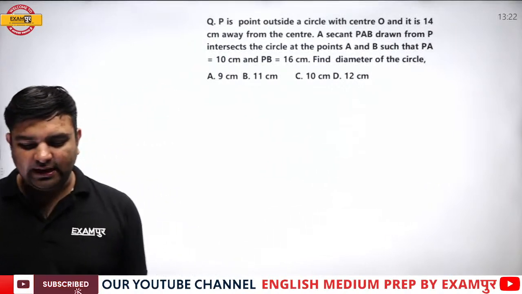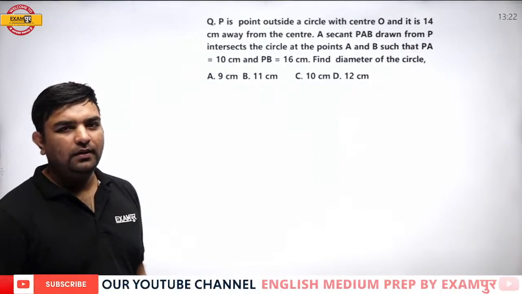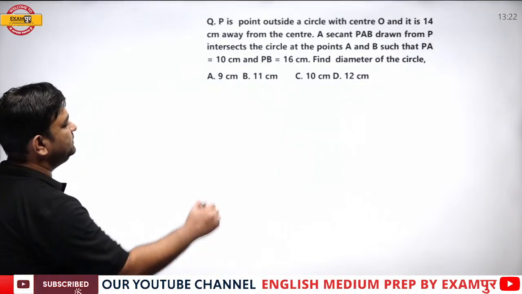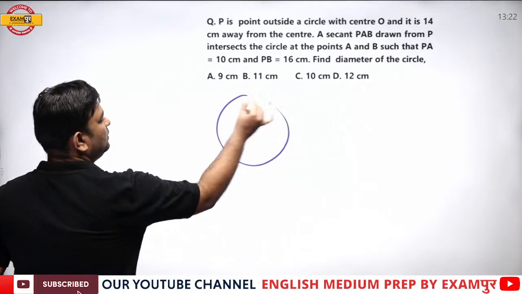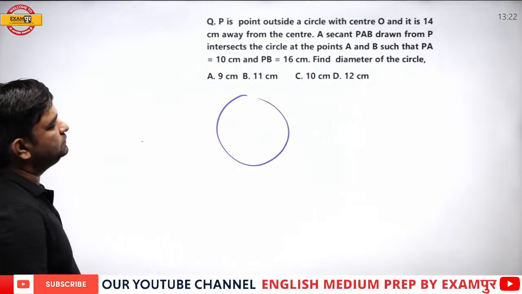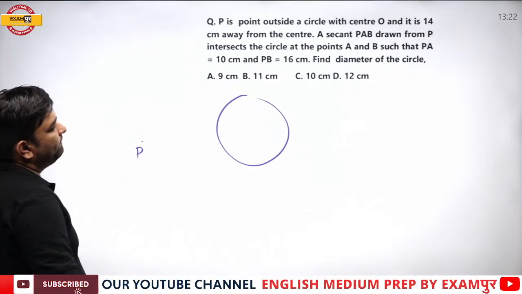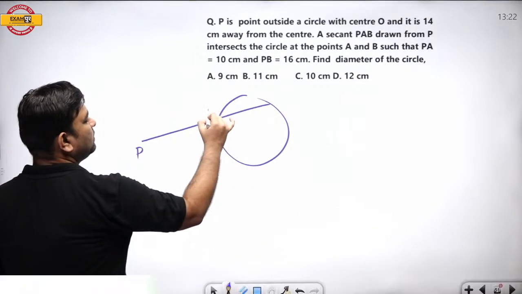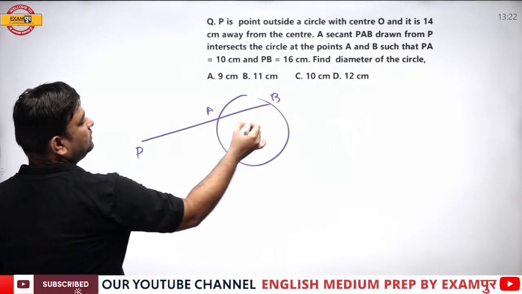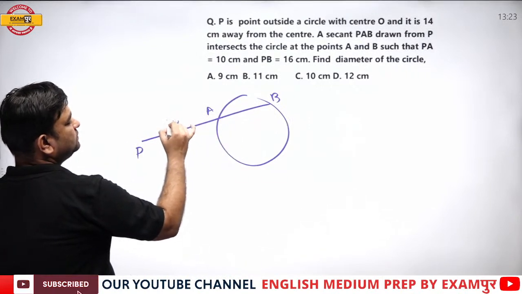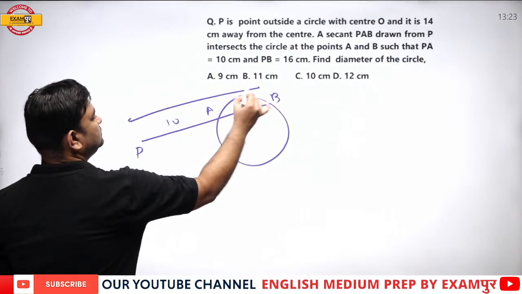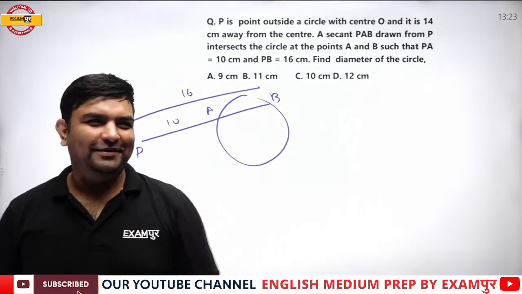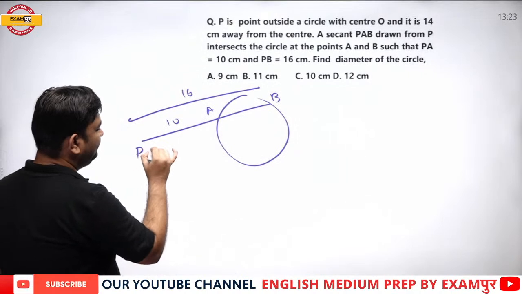Now it's the exact replica of the previous question. PA into PB is equal to PC into PD.